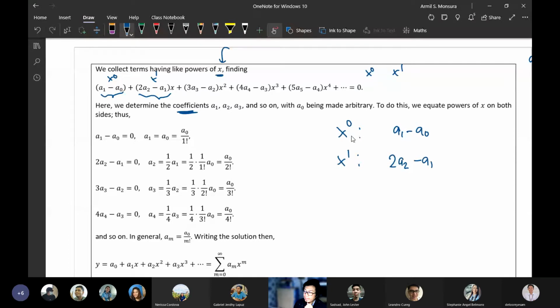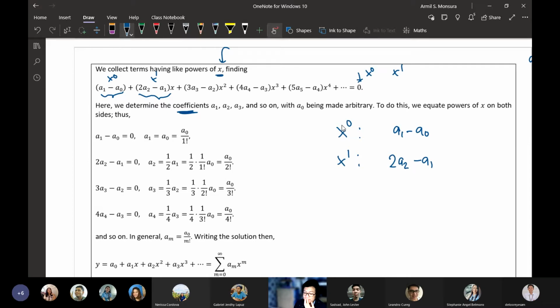Okay. So, kaya kailangan nyo to. You need this statement. So, for x raised to 0, nakita natin that for x raised to 0, the coefficient is A1 minus A0. Now, sa right side, ano yung coefficient ng x raised to 0 ninyo? What is the coefficient of x raised to 0 on this right side?